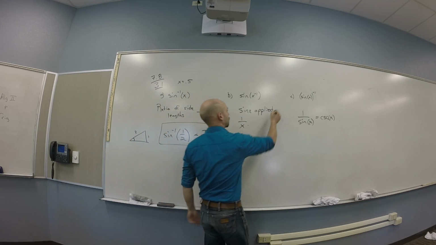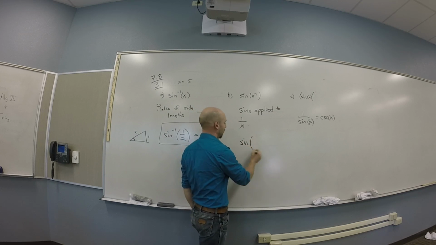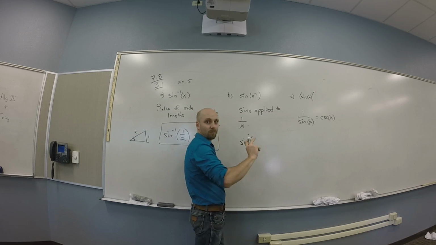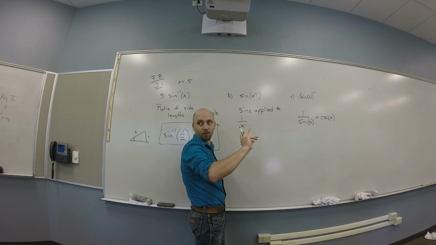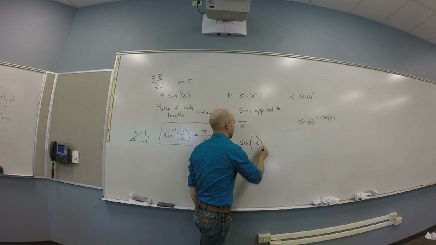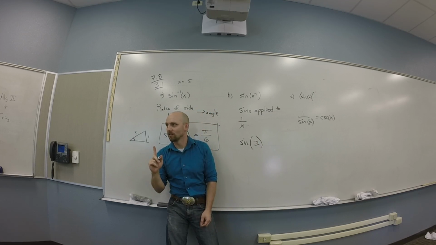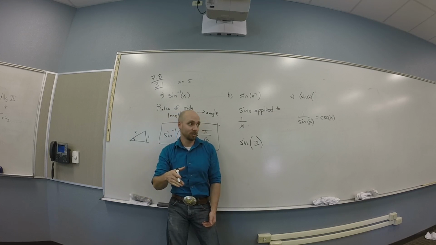Sine applied to 1 over x. So this would be sine of 1 over 1/2, which is sine of 2. And this is where it matters if x is in radians or degrees, right? I'm going to go ahead and assume that this is radians because you guys are basically done with pre-calculus, so you're going to be moving to calculus soon.